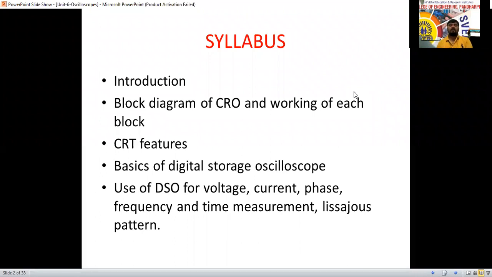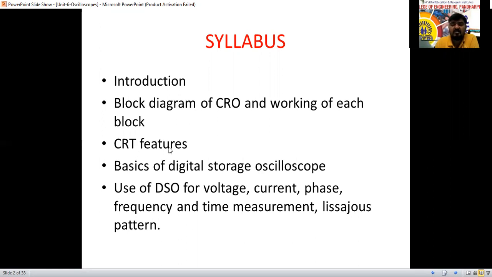The main heart of this instrument is the CRT, the cathode ray tube. We will discuss the applications and features of the CRT, the block diagram and the operation of each block.